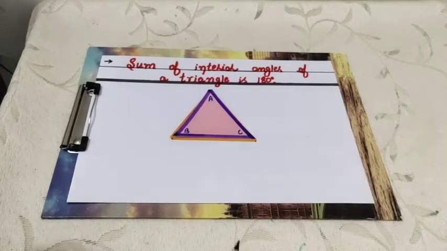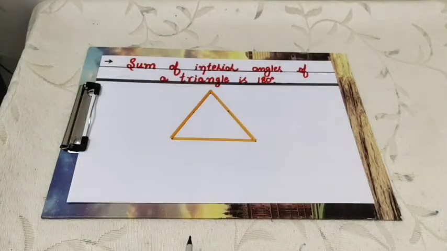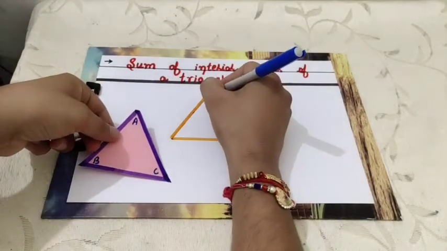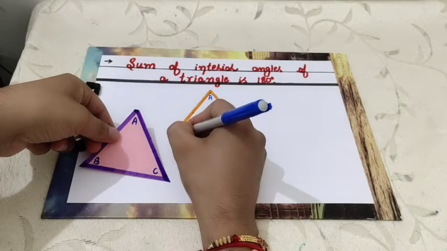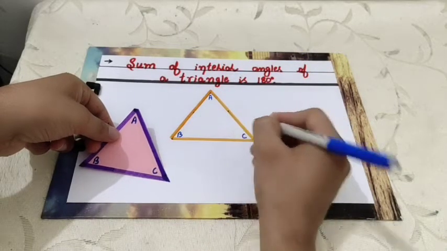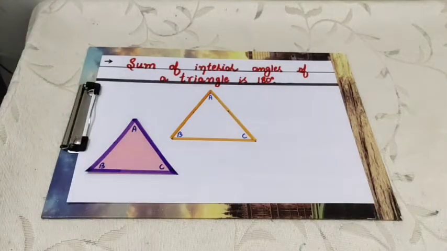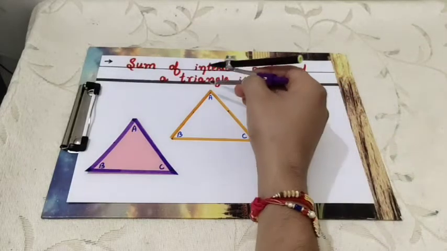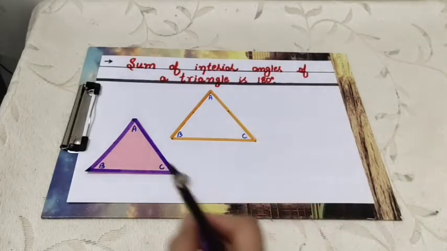And after tracing the triangle on the sheet of paper, it should also be given the names: vertex A, vertex B and vertex C. Now with the help of a compass, we will make arcs of equal widths on vertices A, B, C of this triangle as well as on this cut-off triangle.